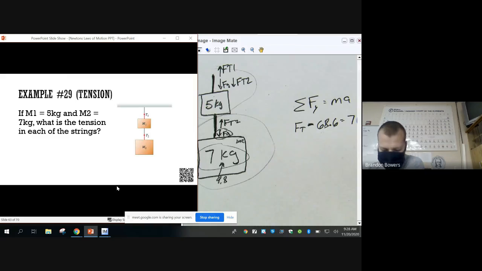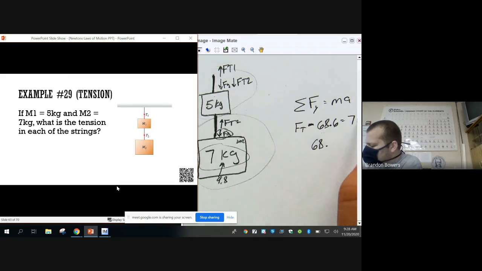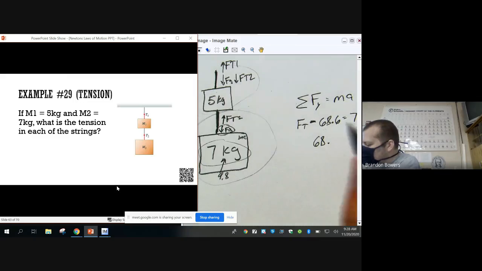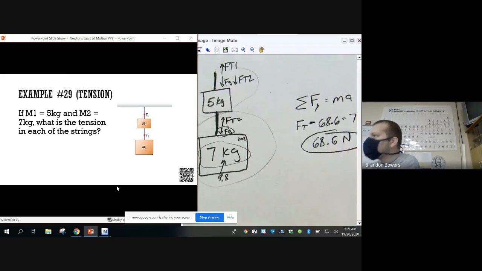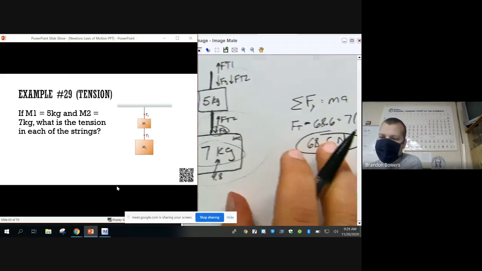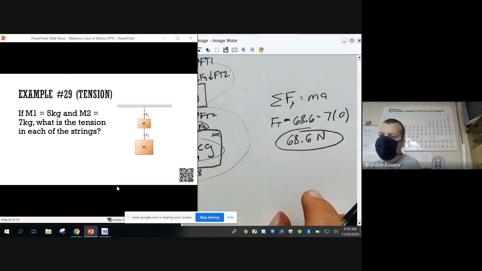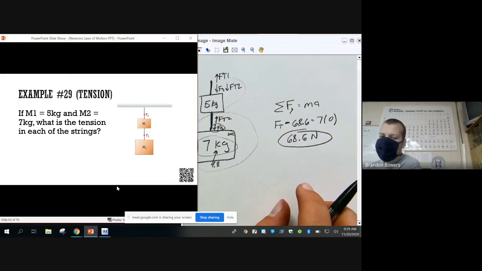So what's going to be my answer? 68.6. Wait, could you technically just say that the force of tension is equal to the force of gravity, and then just say 7 times 10 and get 70?